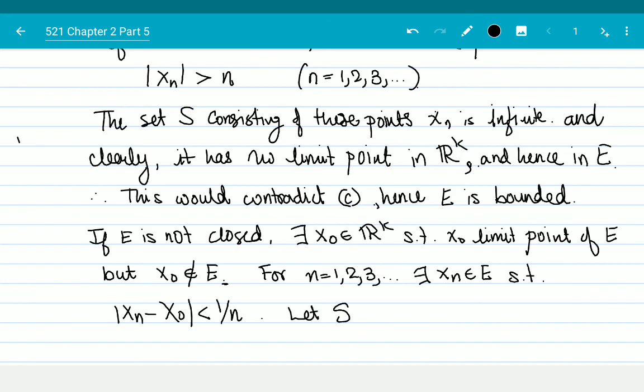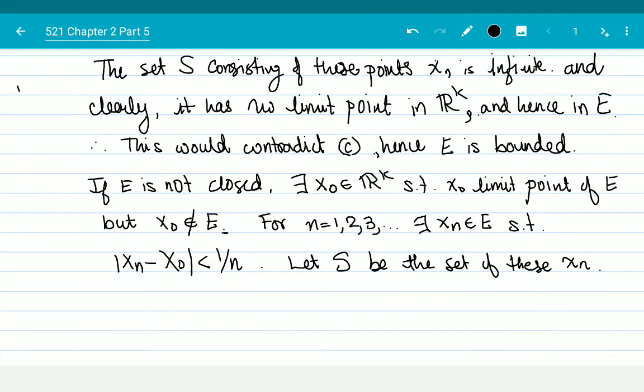Let S be the set of these xn. Since I'm choosing these xn in E, S is a subset of E, and S is infinite.